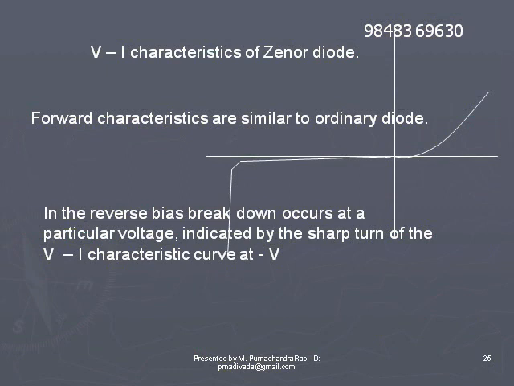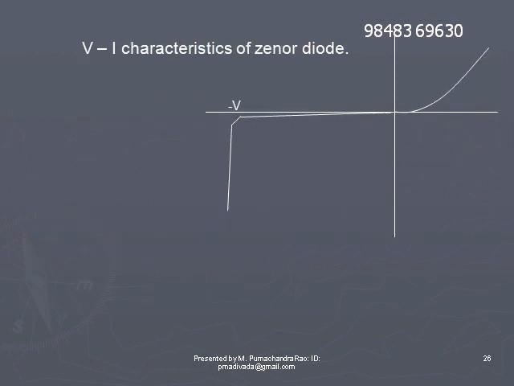But its characteristics are peculiar when it is reverse biased. Initially the current is almost 0. The current will be in microamperes. Very small current is present. As the reverse bias voltage is increased, the current increases by only a small amount.